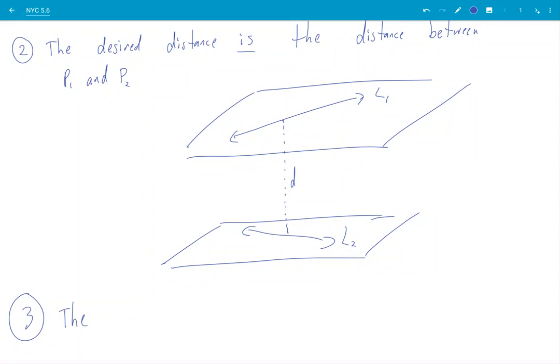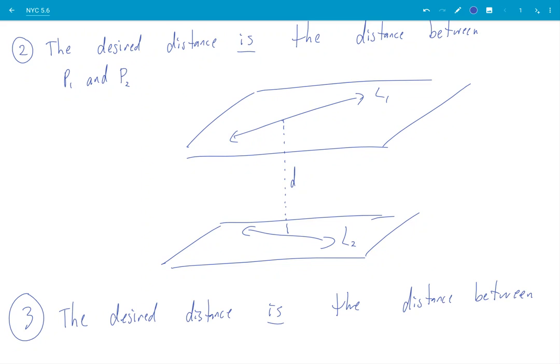So we can simplify this further. The desired distance is the distance between.